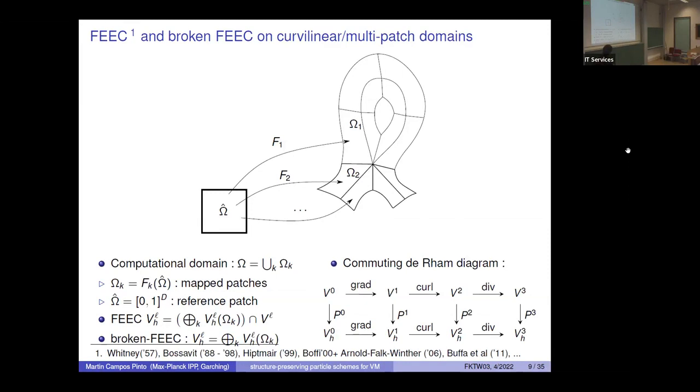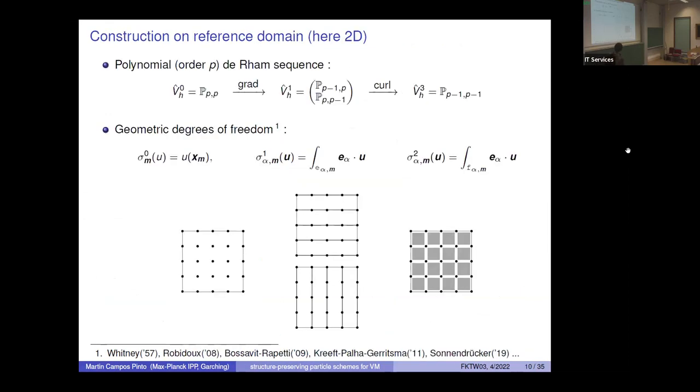And so you have these omega k's, the patches, and you can build a de Rham diagram like that for the global spaces. So I will skip the details. The construction is to start on the reference patch, which is a tensor product Cartesian domain, and you build tensor product spaces here, and the degrees of freedom, they are geometric.